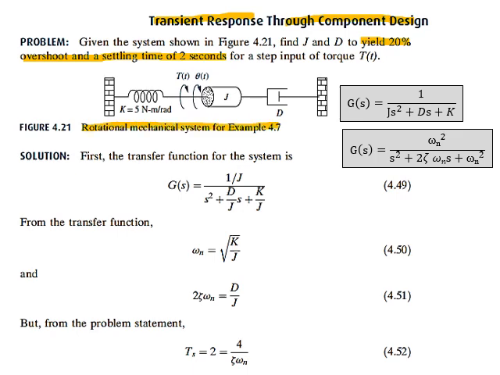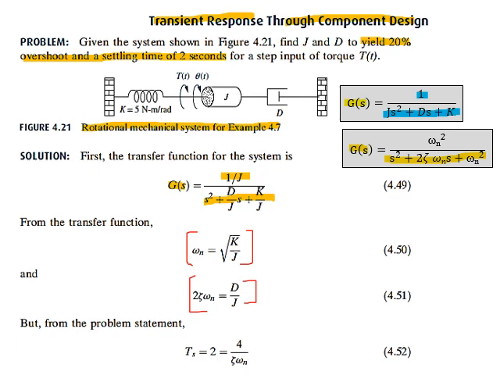Now if we solve for the transfer function, we get G of s equals 1 divided by J s square plus D s plus K. For comparing with the general second order system transfer function, we will take J common from the denominator to make the coefficient of s square equal 1. Now comparing with the transfer function, omega n equals square root of K over J and 2 zeta omega n equals D over J.